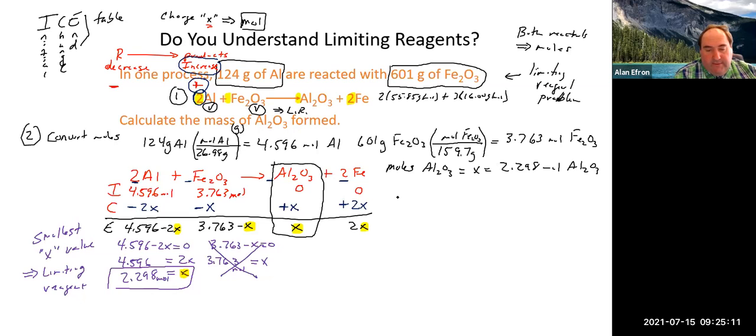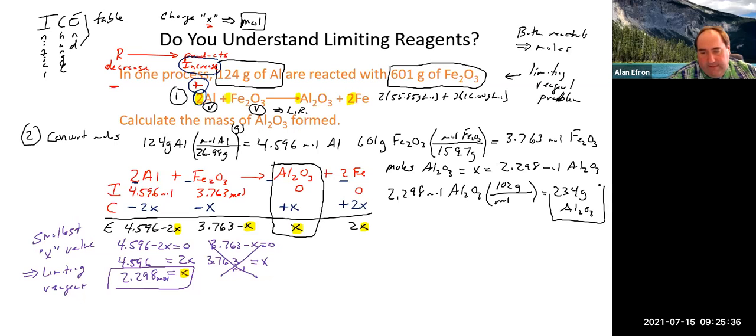So we could go 2.298 moles of aluminum oxide using the molar mass, which rounding gets you about 102 grams per mole. Tells us that we made about 234 grams of aluminum oxide, and that would be a theoretical yield.